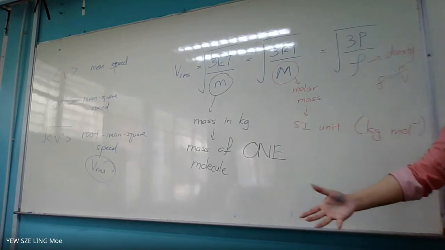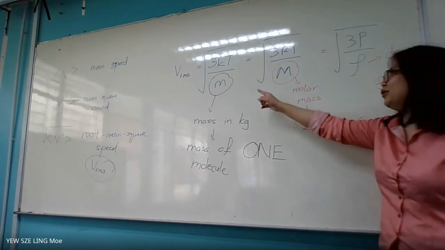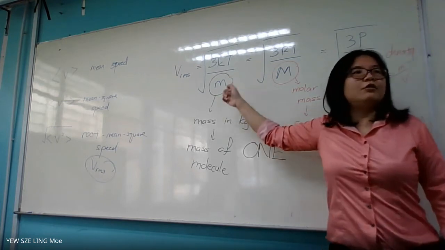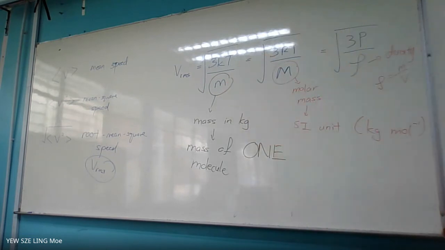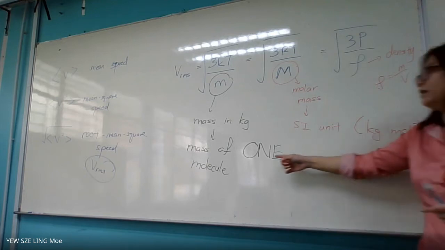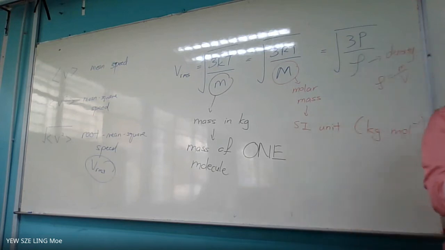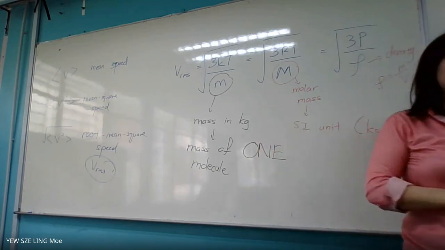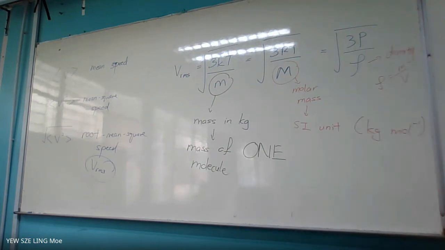Sometimes questions will tell you, now you have 10 kg of oxygen. 10 kg is not the mass that you're going to use in this equation. You need to find out how many molecules are in that 10 kg, and then divide by the number of molecules to obtain the mass of one molecule. For example, let's say 100 grams of O2 contains, just as an example, 1,000 molecules.